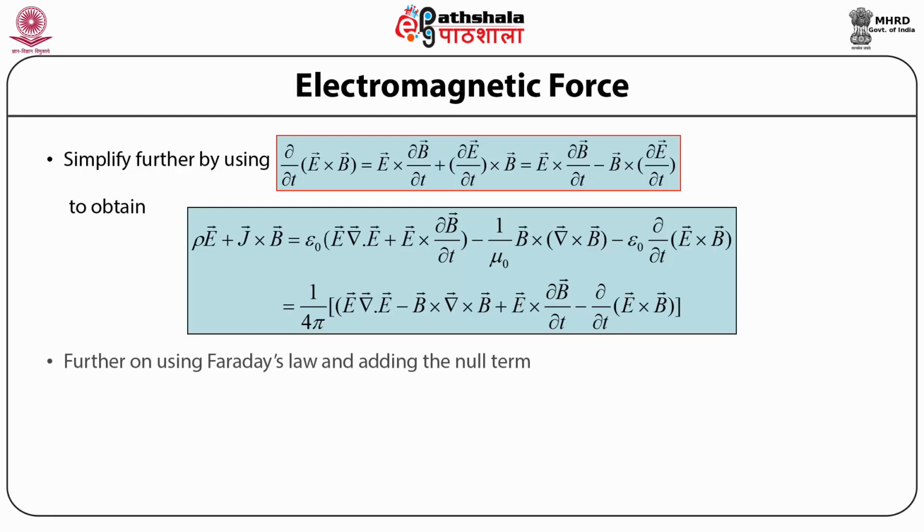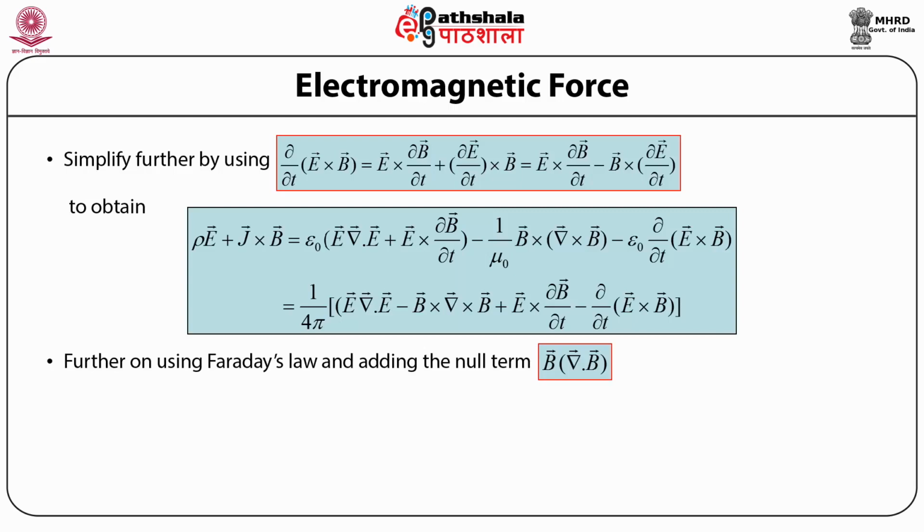Now if we use Faraday's law of electromagnetic induction over here, we also add a null term, that is the magnetic field induction vector B times the divergence of the magnetic field induction vector B. Why do we call this a null term? Because from Maxwell's equations we know that the divergence of the magnetic field induction vector B gives us a 0.